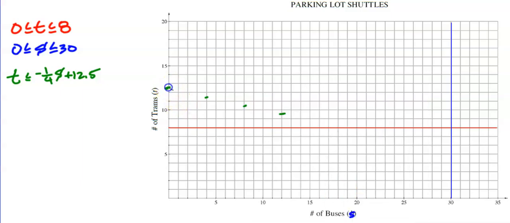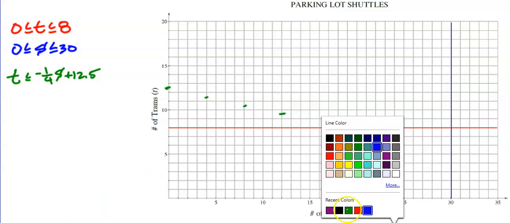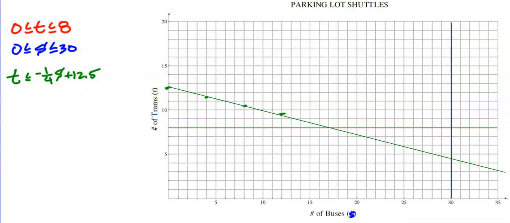Start at 12.5. Not what I wanted. Let's take a line, make it green. Right there. So that's that one, and that is the green line.